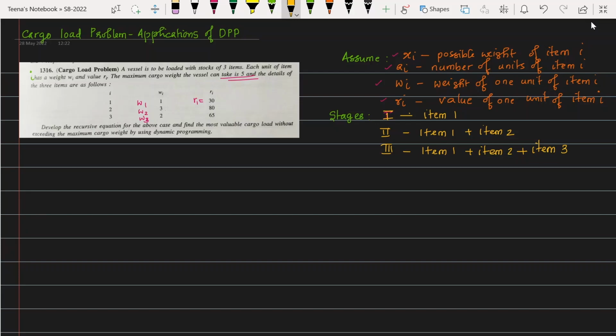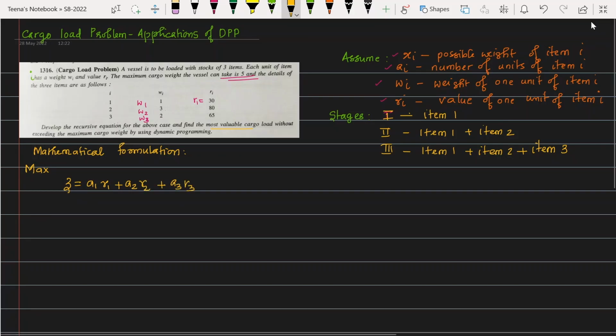Now let us formulate this cargo loading problem mathematically. Mathematical formulation of cargo loading problem. We have to find the most valuable cargo load. So the objective is to maximize Z equal to A1 R1 plus A2 R2 plus A3 R3.